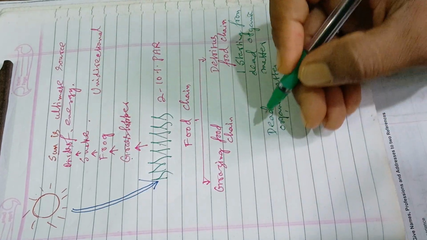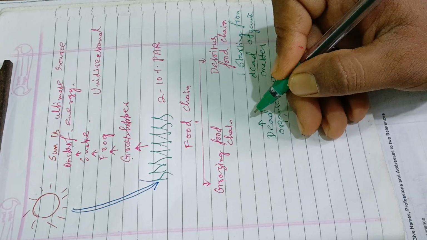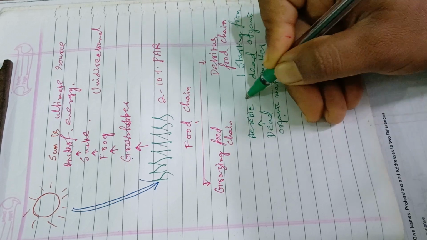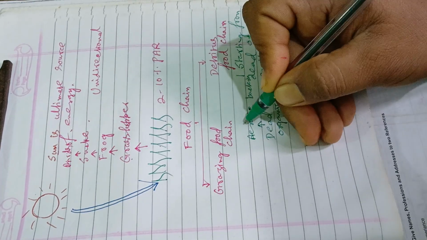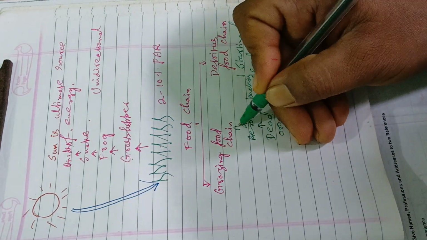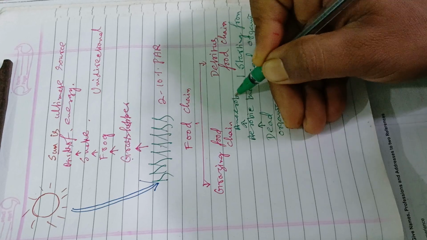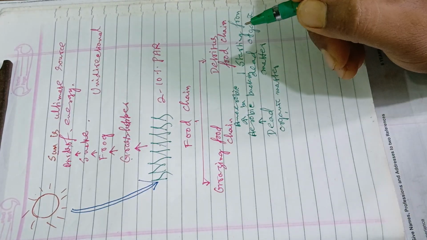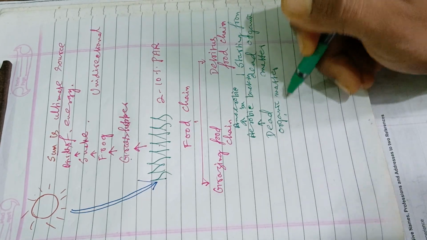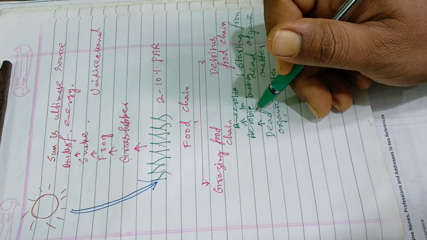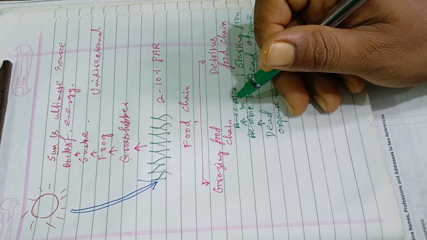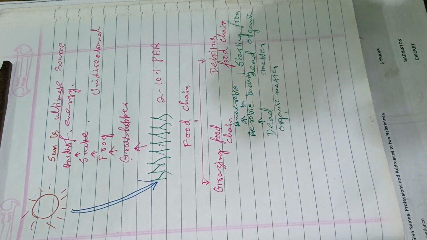This energy is consumed by the aerobic bacteria and fungi. This aerobic bacteria is eaten by the anaerobic bacteria. So in that way, the energy present in the dead organic matter passes on to the next trophic level, from aerobic to anaerobic. This food chain is known as the detritus food chain.